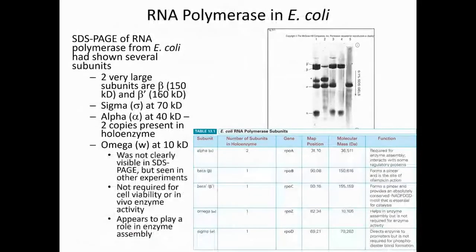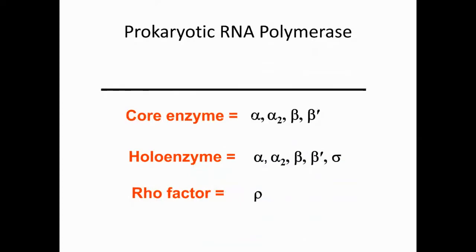Normally we don't discuss too much about omega. Omega also has an accessory role in the polymerase. For the core enzyme, basically alpha, alpha, beta, beta prime, and when you add a sigma, that will be the holoenzyme. The holoenzyme is very important for transcription initiation because it needs to recognize the promoter -10, -35.